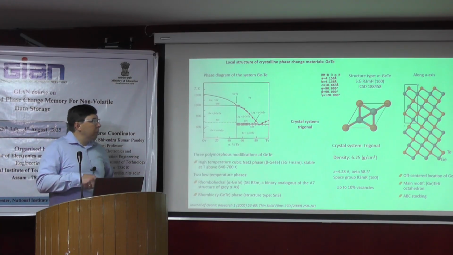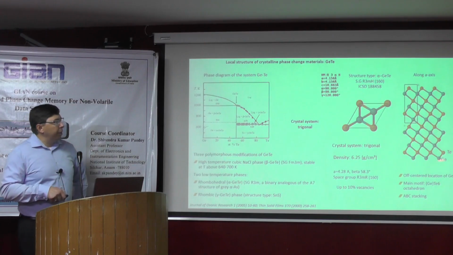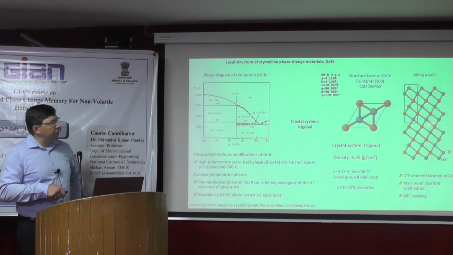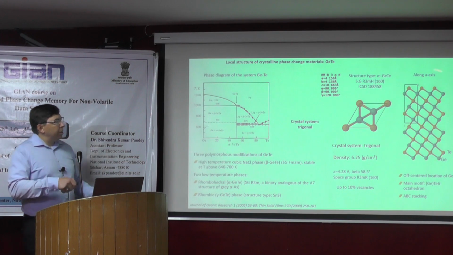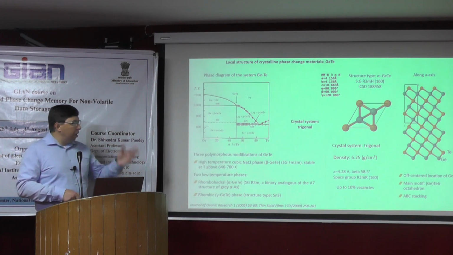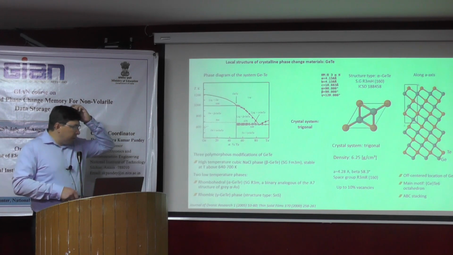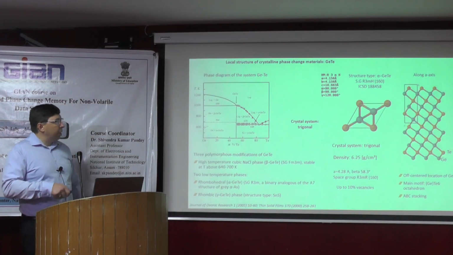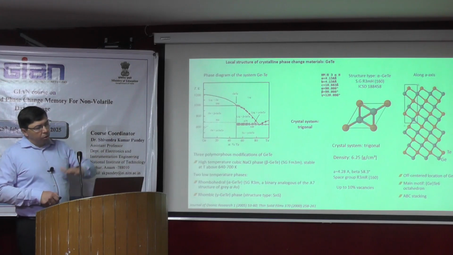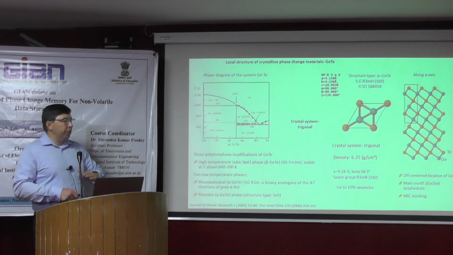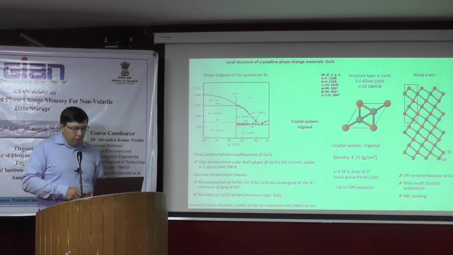So if you look again along the A-axis, we can see that germanium and tellurium make layers here, but there are no vacancies, and this system stays in this state at different temperatures. So there is only the amorphous to crystalline phase change and no other transitions.